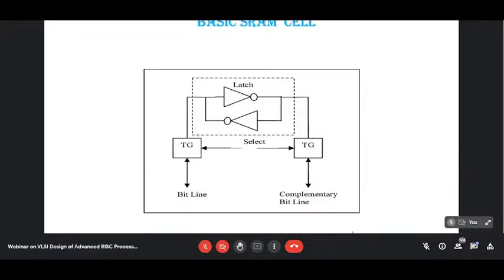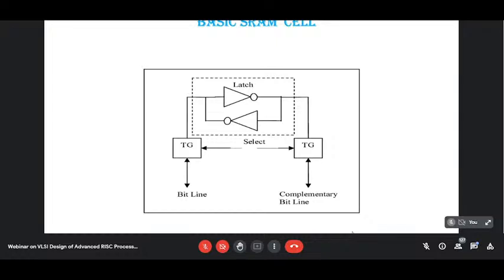So this is the basic structure of the RAM cell. As I've shown you earlier, two NOT gates connected back to back form a flip-flop. And these are tri-state buffers. So let's say you want to store one. Through this bit line, you give data one, and if you want to store one, the output will be 0, and that 0 will come into the next gate.